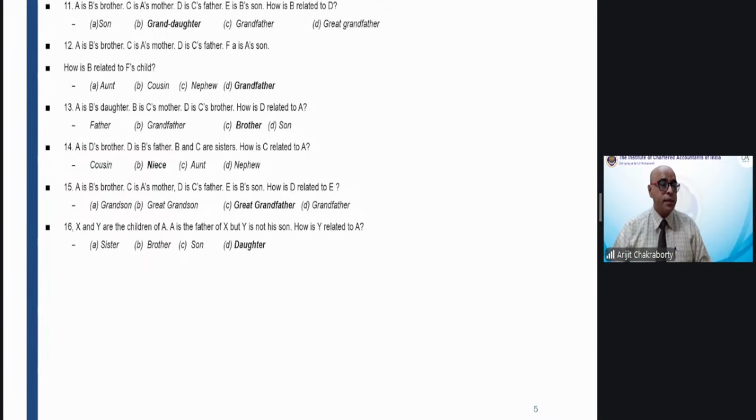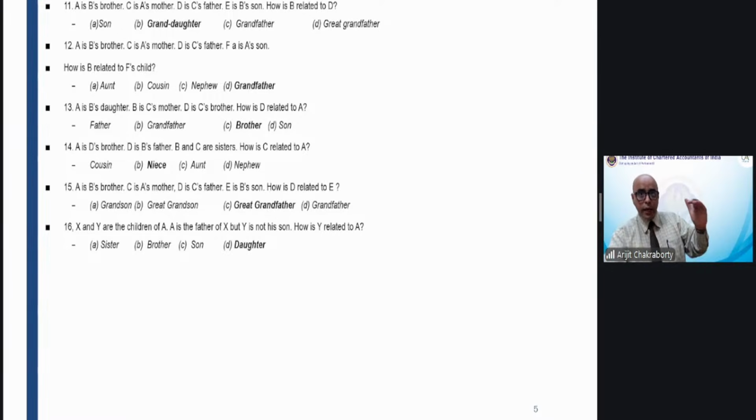It is given X and Y are the children of A. Very good. X and Y are the children of A. Next is A is the father of X, but Y is not his son. A is the father of X. So we can understand A is the father, yani A is male, but Y is not his son.